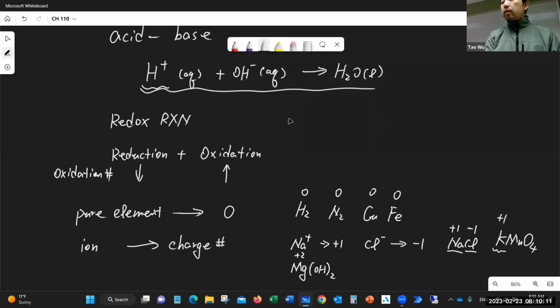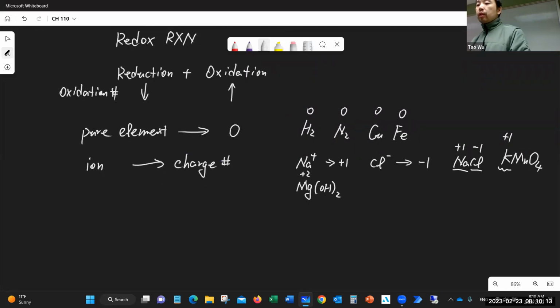And the other two rules, one is for oxygen, the other one is for hydrogen. Oxygen, we said, is -2, in most cases.